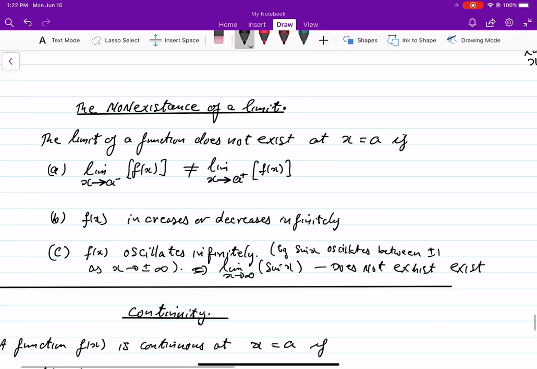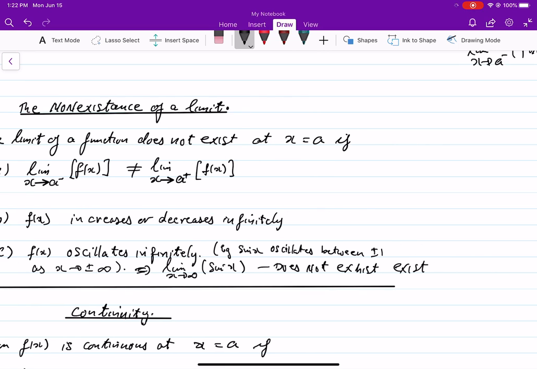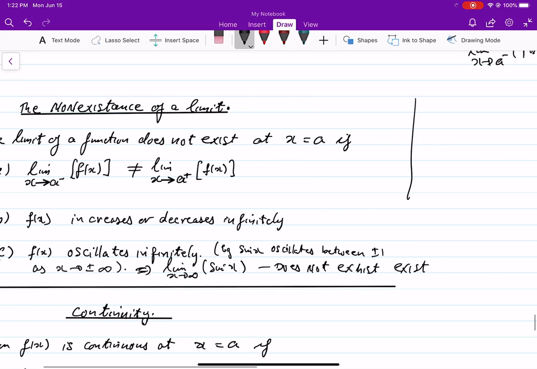How is that possible? Well, it's possible because sometimes a function may look something like this. This is a. On the left of a, the function might come to this point. And from the right, I'll have an open circle, and the function continues like that. You can see as x is approaching a from the left, the function is approaching this value down here.